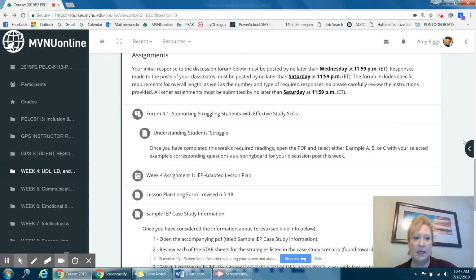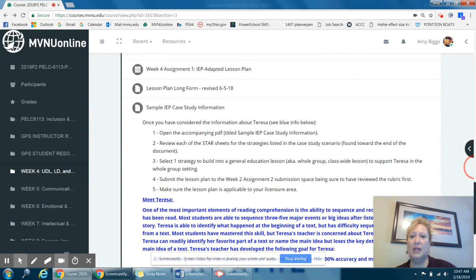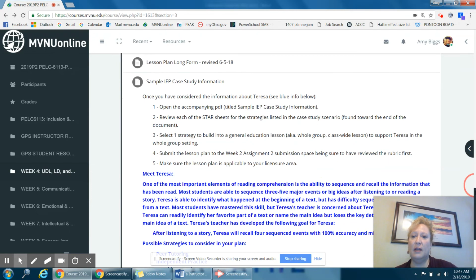The next thing is the lesson plan. So you will be using MVNU's long form lesson plan. You want to fill that out. You want to make sure that you take a look at the 17 criteria that you'll be graded on.